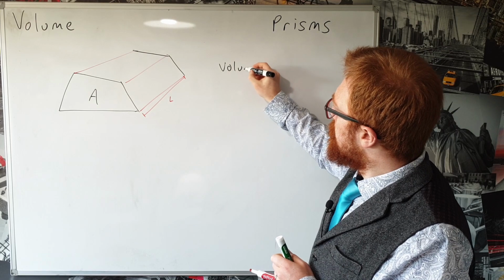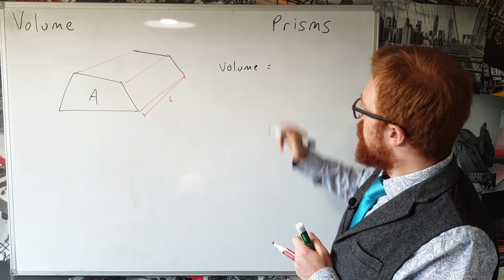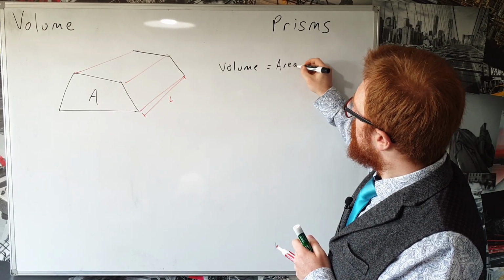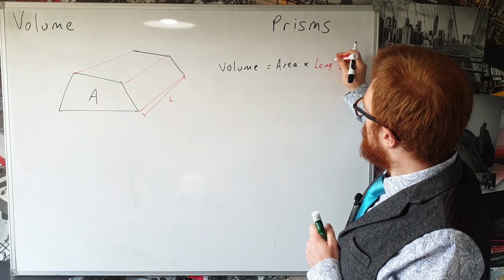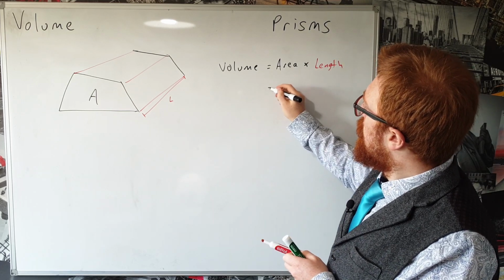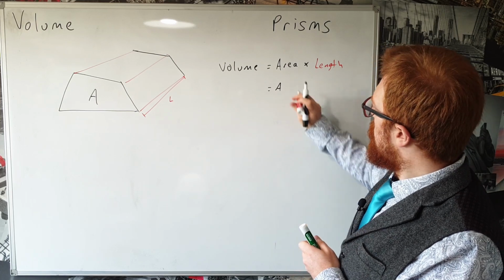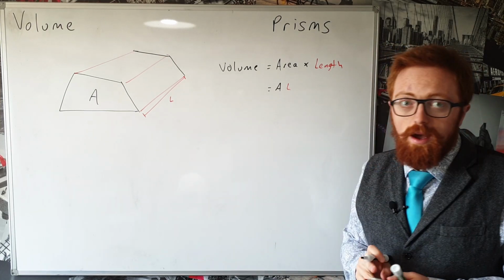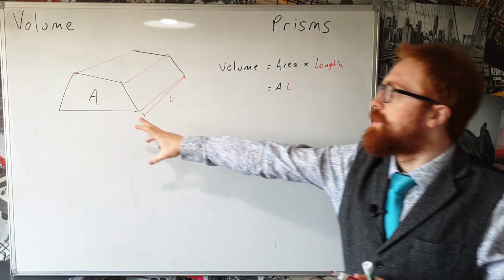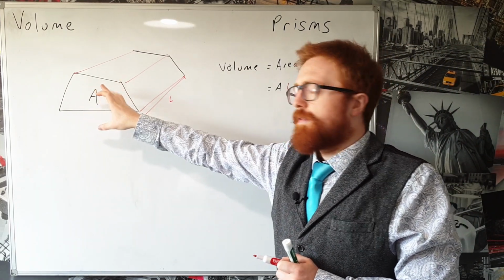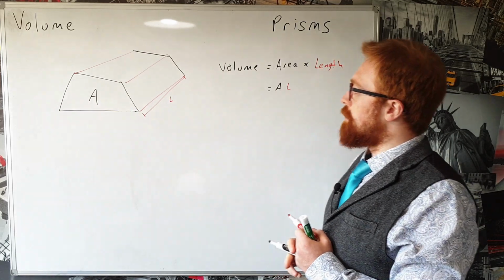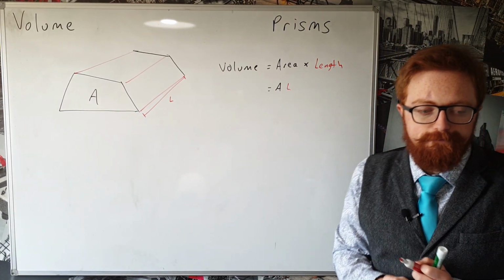So volume is equal to area times by length, or A L. Now obviously this requires you to be able to find the area of the polygon shape if you're not given it, but we'll look at a few examples in a second where we do just that.